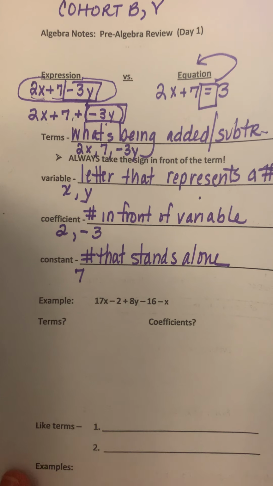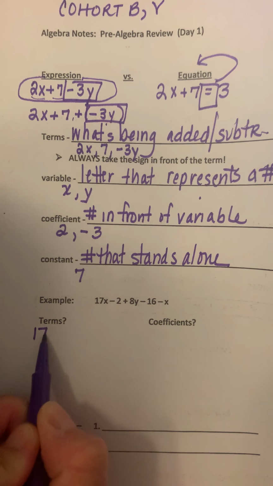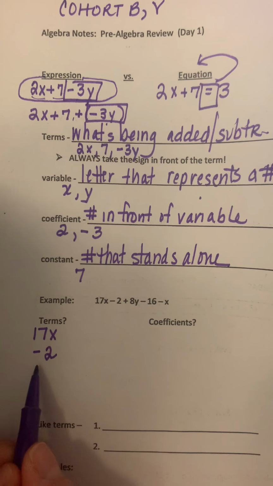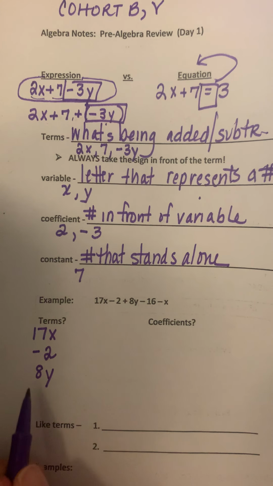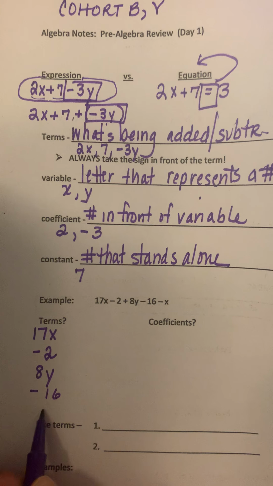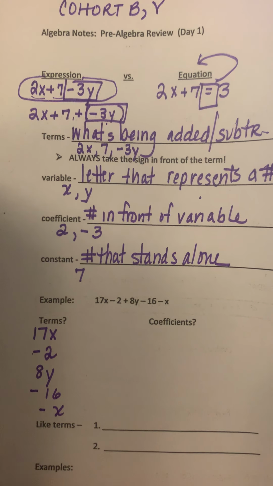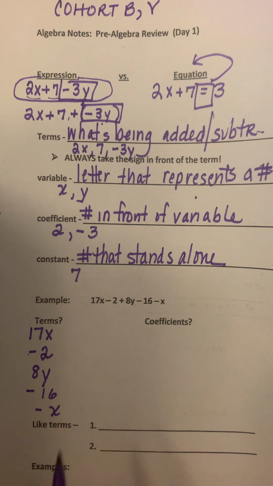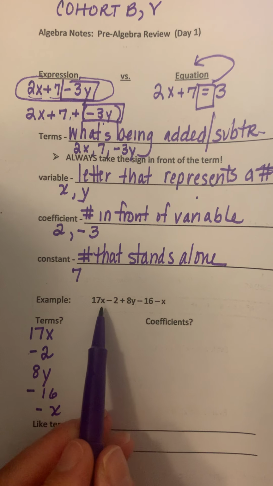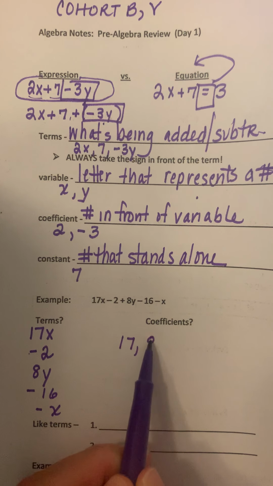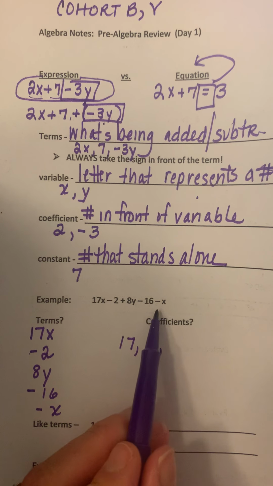So here are the answers. Your terms: you have 17x, negative 2, 8y, negative 16, and negative x. Remember, you take that sign in front. The coefficients are the numbers in front of the variable. So you have 17. The next one would be 8. Now this one you have to be careful with.